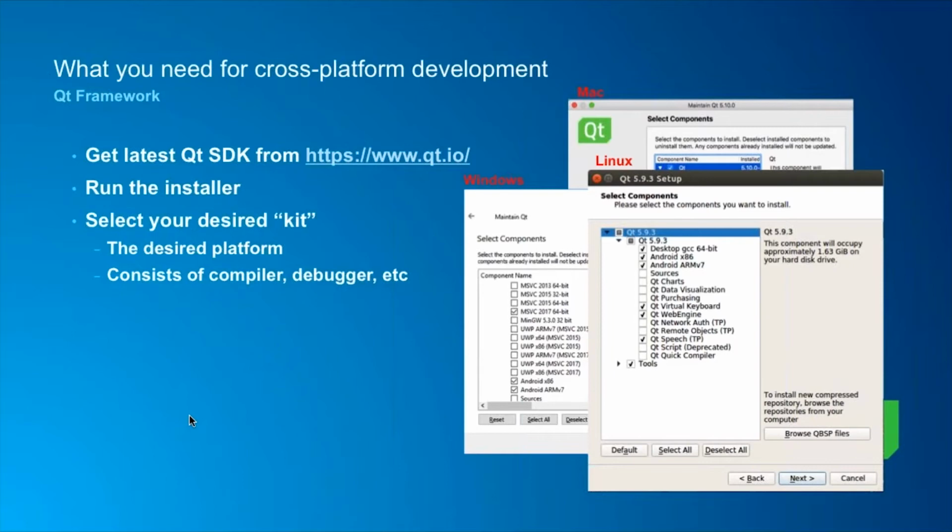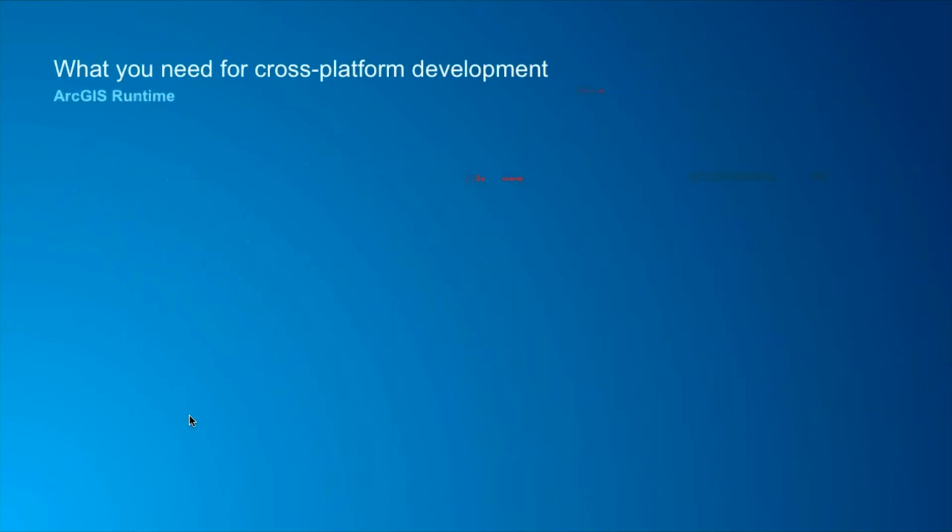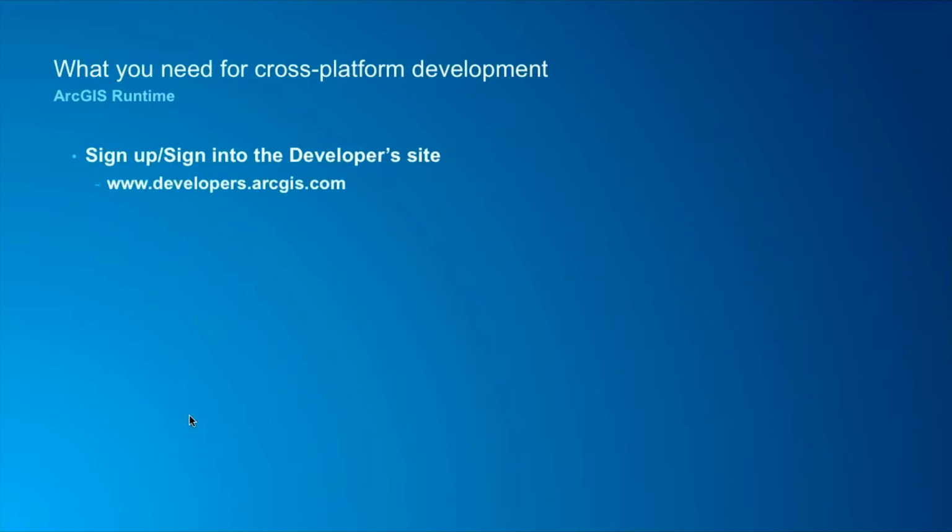But if you want to actually build a GIS application, something that brings spatial and location information into your application, you'll want to install the ArcGIS Runtime SDK. First thing you'll do is sign up or sign into the developer site, and that is at developers.arcgis.com.